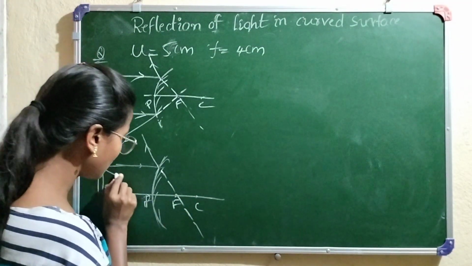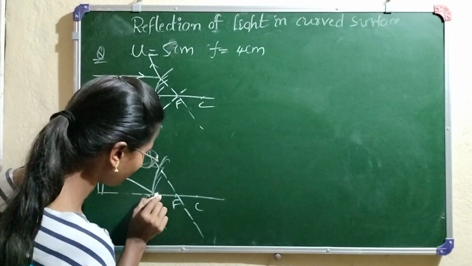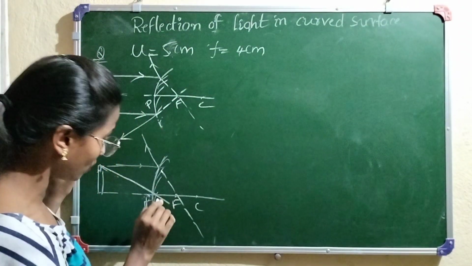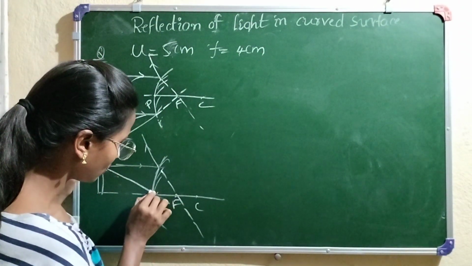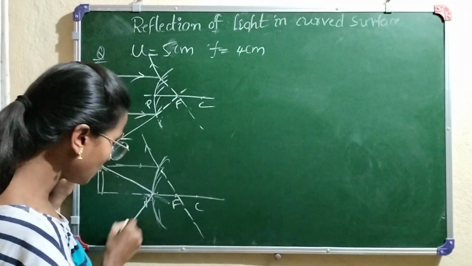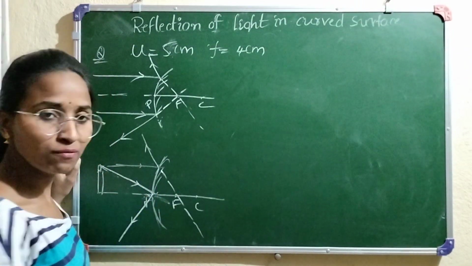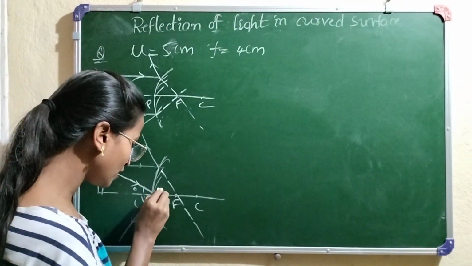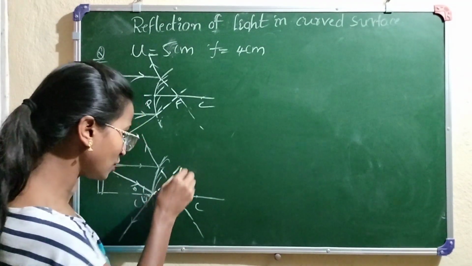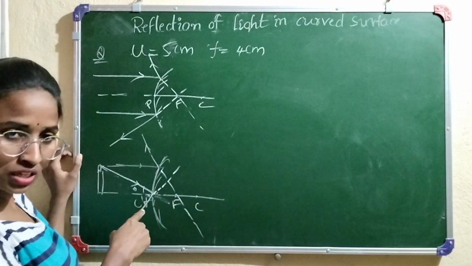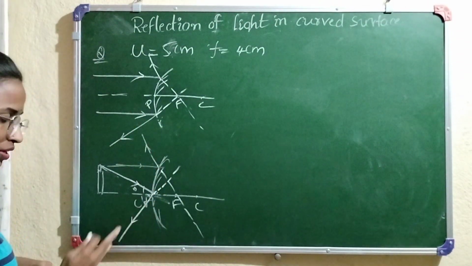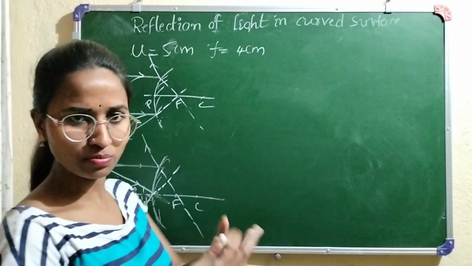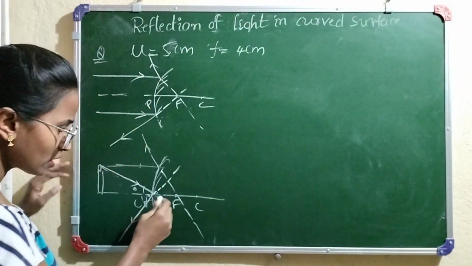If one light ray goes to the pole, it reflects from the pole making an equal angle. Am I clear? Now we extend these reflected rays, because these two reflected rays are diverging. One is going like this, one is going like this, so they may not intersect anywhere. So we extend them backwards.